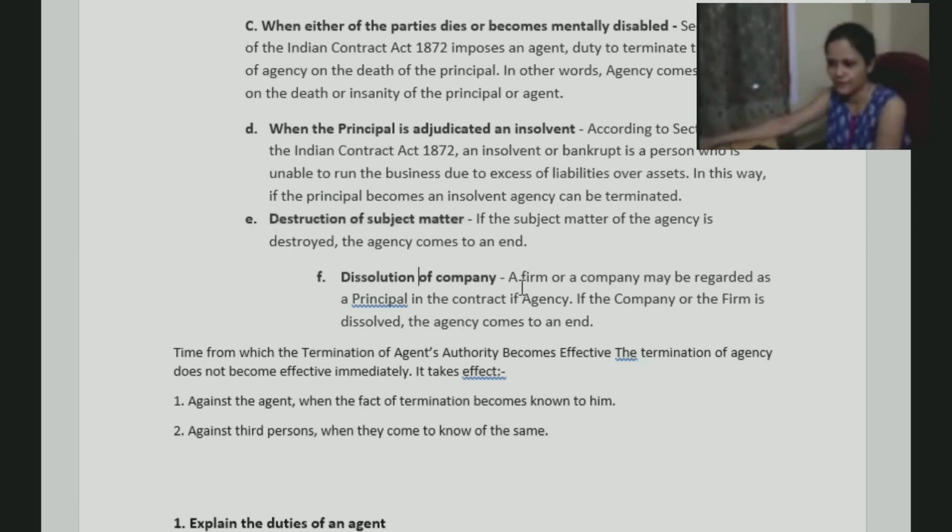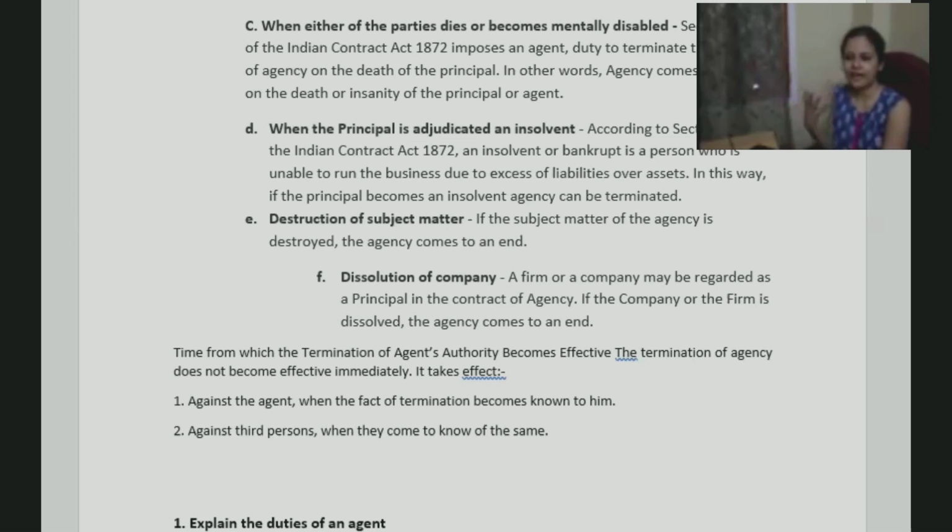Dissolution of company. There might be firms or companies which may be regarded as principal in the contract of an agency. Sometimes it might not be one individual, but rather one company or one firm. Like it may be LIC.